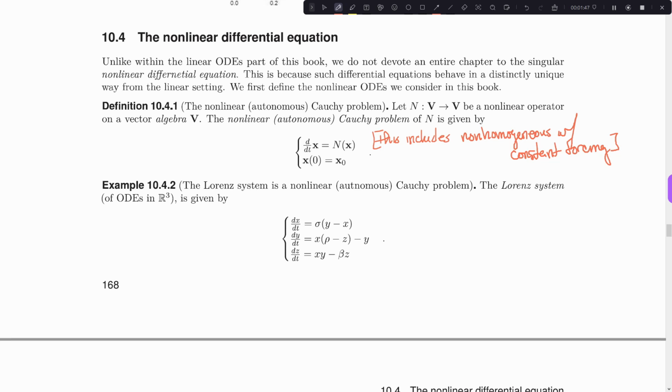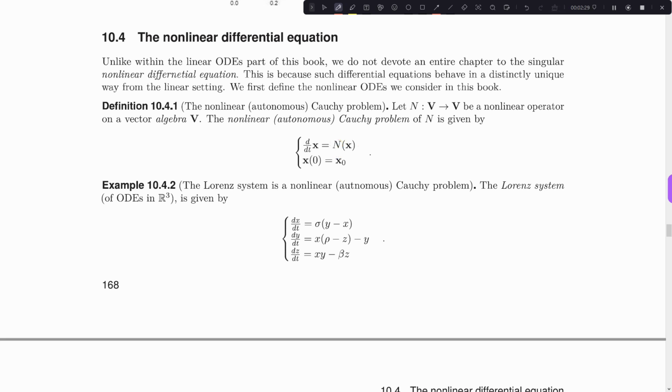Because a nonlinear operator on x could be, let's say capital F of x, equal to a nonlinear operator plus a constant in the vector space. That's a perfectly valid nonlinear operator. So if I have a constant forcing in this problem, there could be a plus c constant forcing hiding inside of N, because we're allowed to do that now with nonlinear operators.